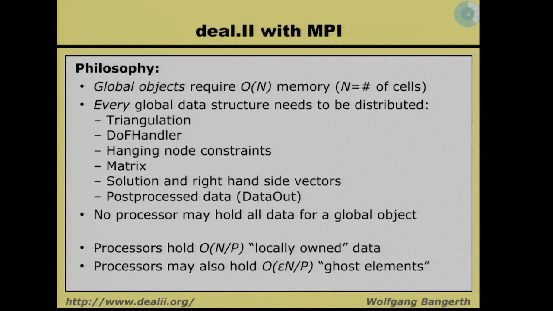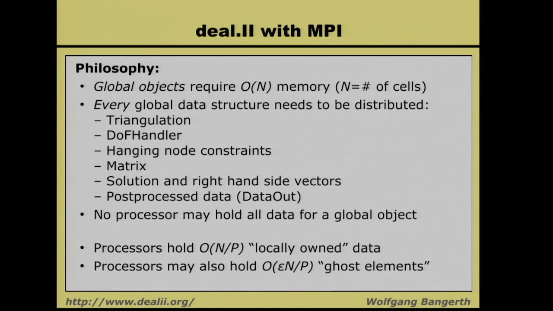So when you want to deal with finite elements in parallel using MPI, what you would say, for example, is that all of the objects that participate in this, let's say the triangulation, the DoF handler, the constraints, the matrix, solution vectors, and so on and so forth, all of these things will have O(n) memory at the very least, where n is the number of cells.